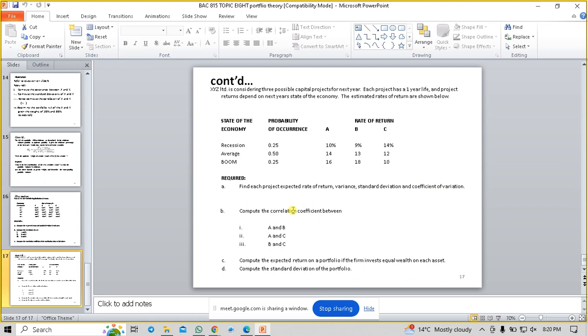Compute the correlation coefficient between A and B. I remember we said correlation coefficient is covariance over the standard deviation of A and B. Then part C says compute the expected return on a portfolio, if the firm invests equal wealth on each asset. So here it is expected return on a portfolio, then standard deviation of the portfolio.